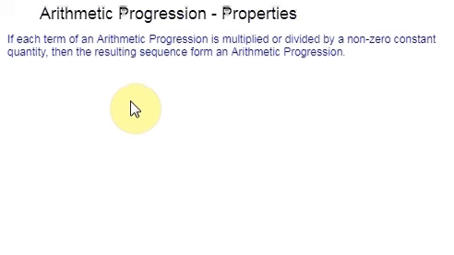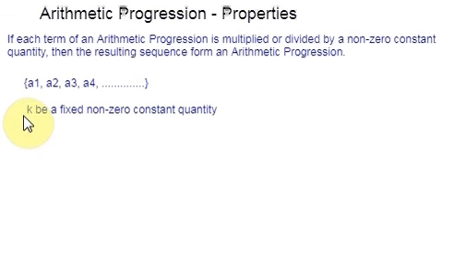Let us see the proof for this property first. Let us first assume an arithmetic progression with a common difference d. Same as the previous property, again here we are going to assume some constant k. k is a fixed non-zero constant quantity here. First, let us multiply this non-zero constant quantity with each of the terms in this arithmetic progression.